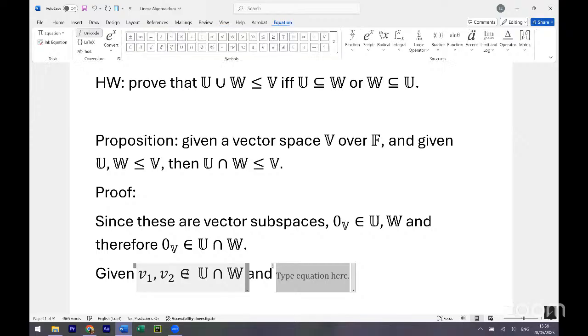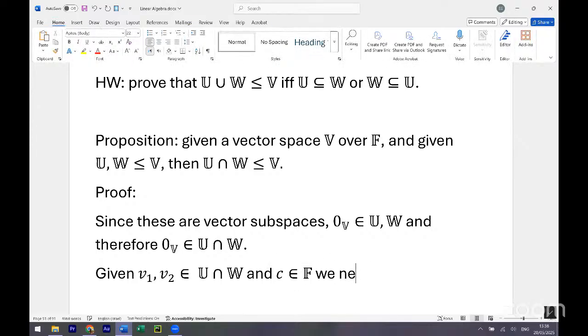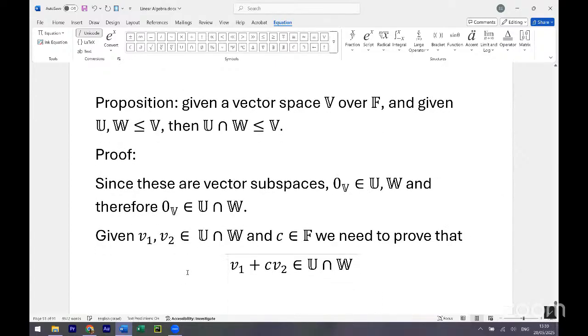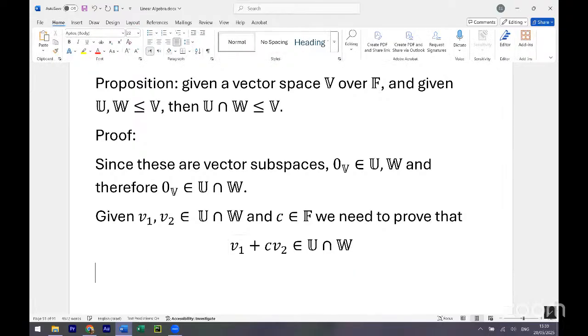And the scalar C from the field. Need to prove that their linear combination V1 plus CV2 is also within the intersection. Why does it work?